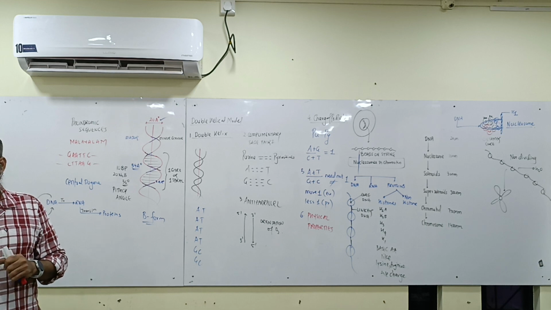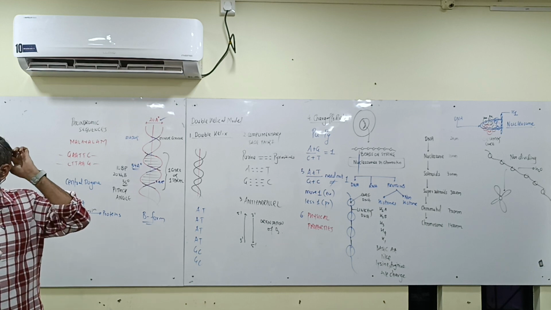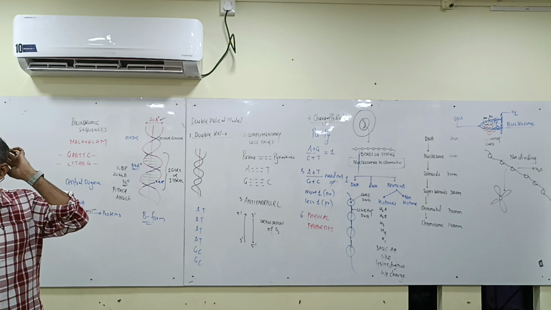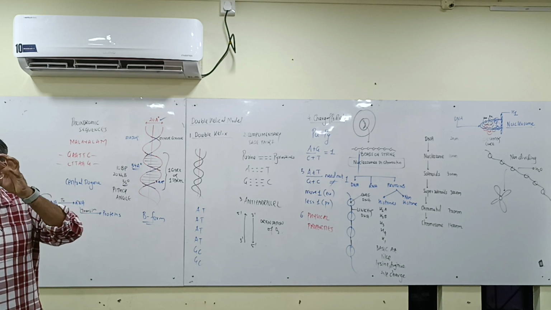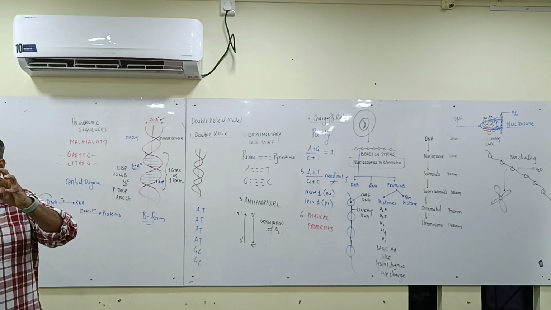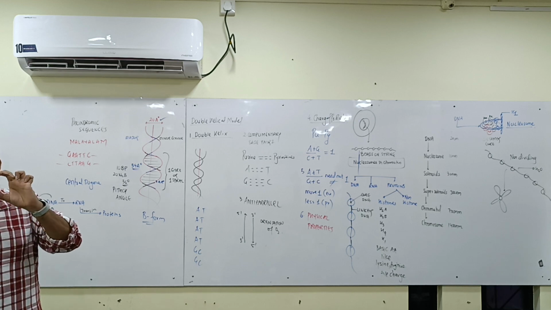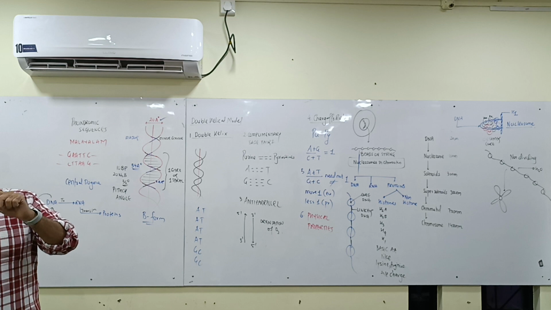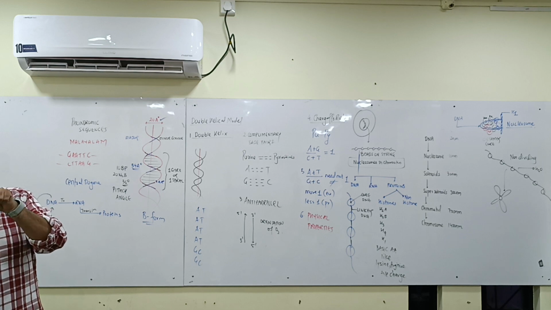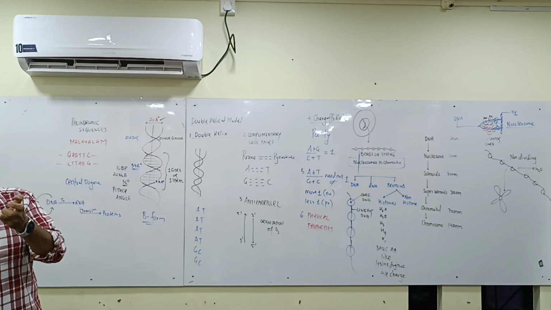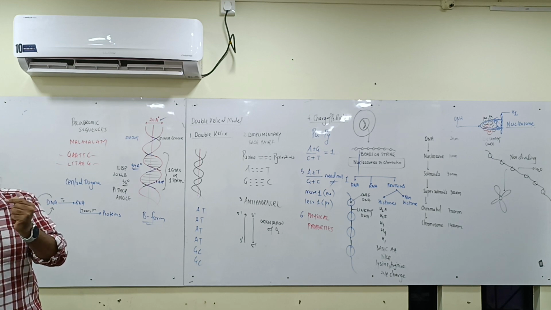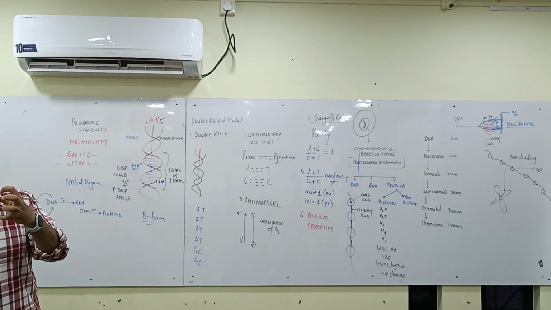Two molecules each of H2B, H2A, H3 and H4 come together to form an octamer on which is wrapped the core DNA, which is tightly held in place with the help of H1. And you have a positively charged histone core and negatively charged DNA, so it is tightly wrapped.